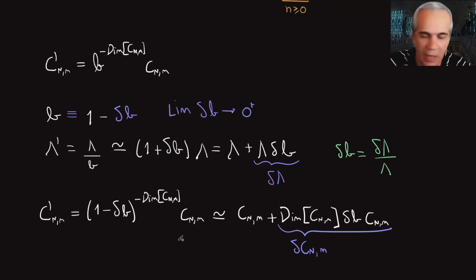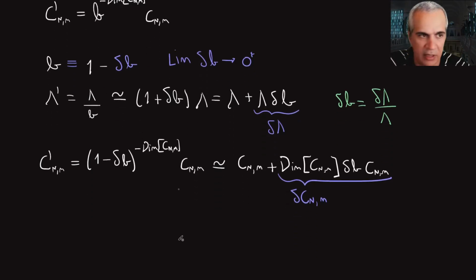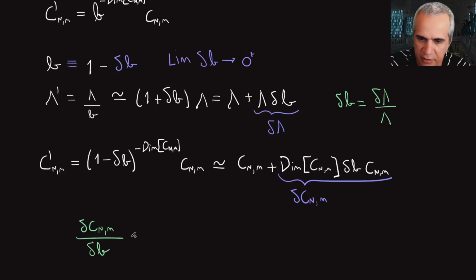And so now I can use this last expression to write delta of the Wilson coefficients in terms of delta B. What I'm seeing here is that delta C_nm, just take this equation, take delta B and divide on this side, over delta B is equal to these other two things here, the dimension of C_nm times C_nm.